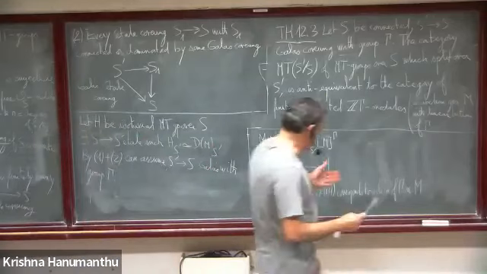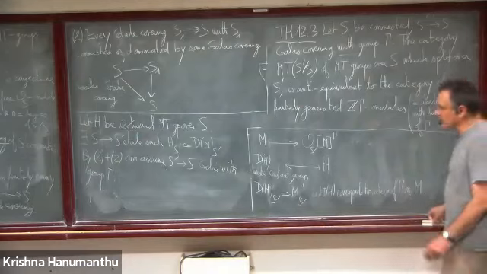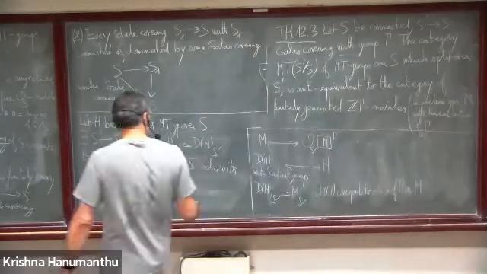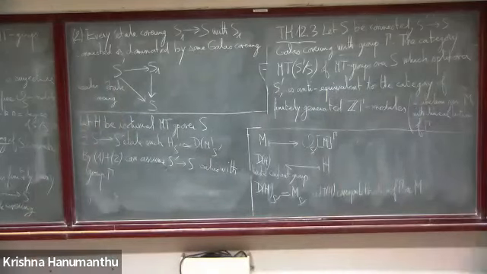I don't want to spend more time on this, but this way we have a complete description of multiplicative type groups which split over some finite extension.